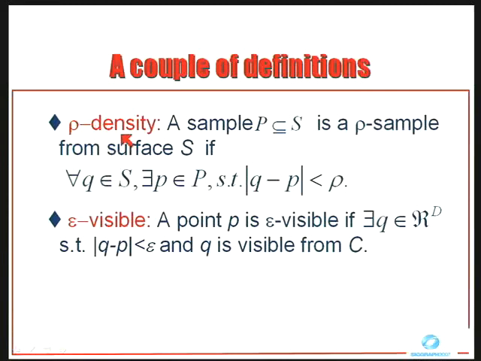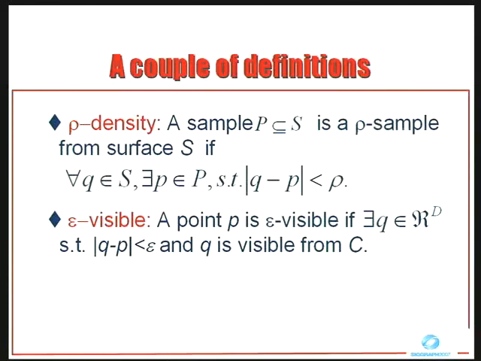We say that a point is epsilon visible if there exists some Q whose distance from P is less than epsilon, and Q is visible from C. In other words, a point is epsilon visible if moving it a distance shorter than epsilon will make it visible.